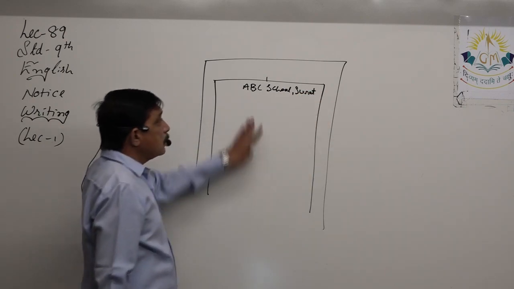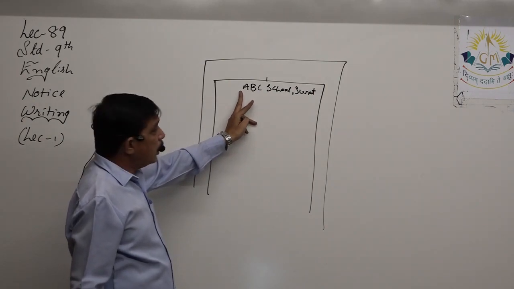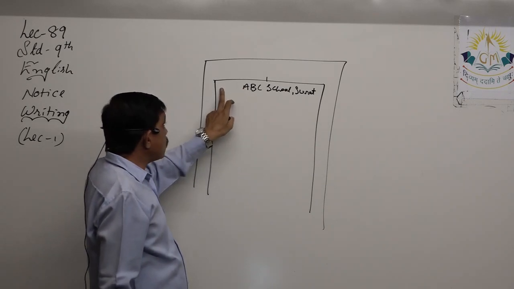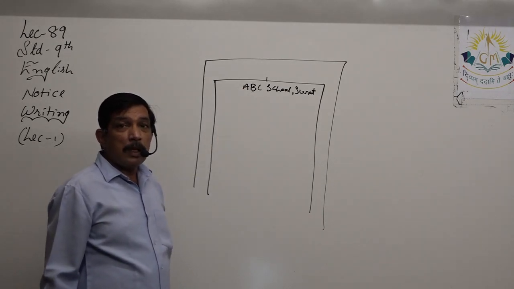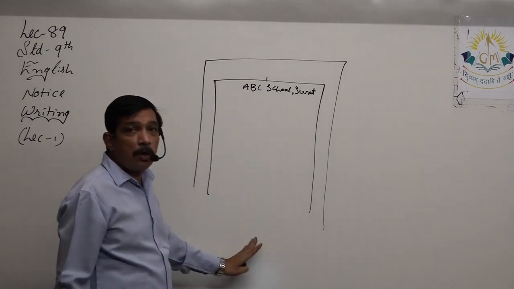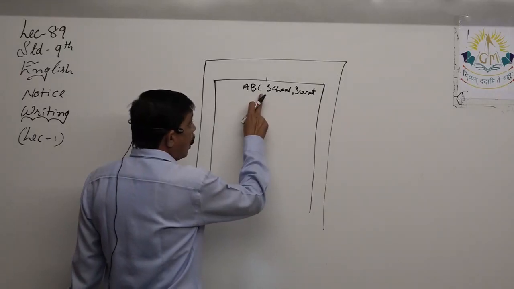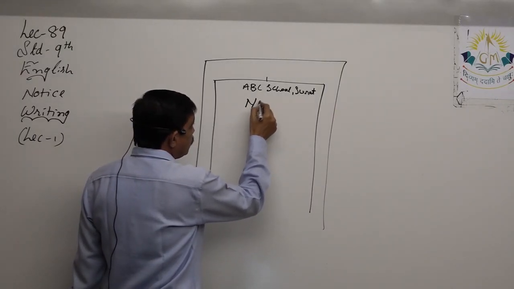See, this is not approximation. You can see that by starting over here, I reached near the end of the box, whereas there is lots of space over here, right? So that makes whole of your notice look quite dirty, because you are going to write the notice in the center.